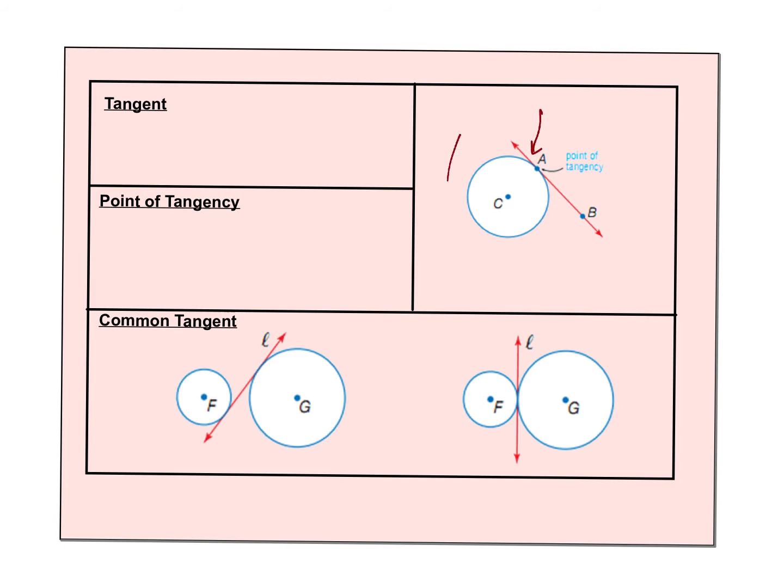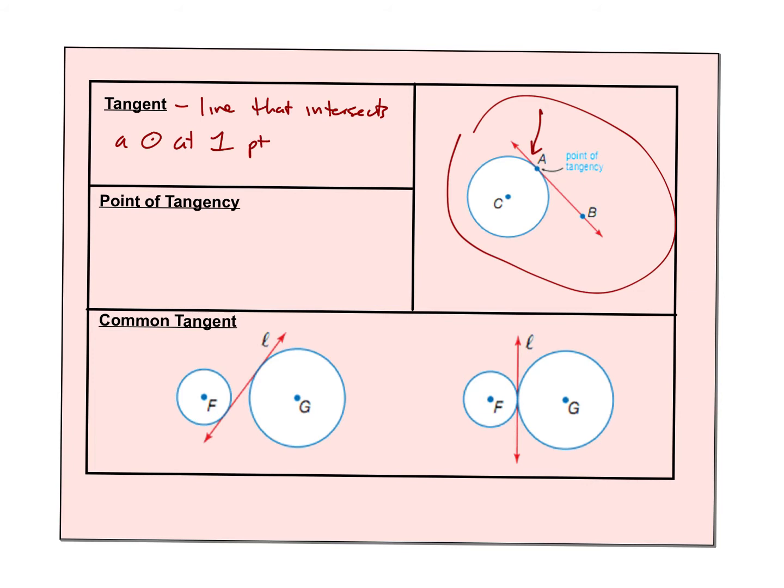Okay, so here's a situation where we've got a circle and we've got a tangent line and we've got a point of tangent. Okay, a point of tangency. So a tangent is just a line that intersects a circle at one point. Okay, so it's not a chord. It doesn't go through the circle.